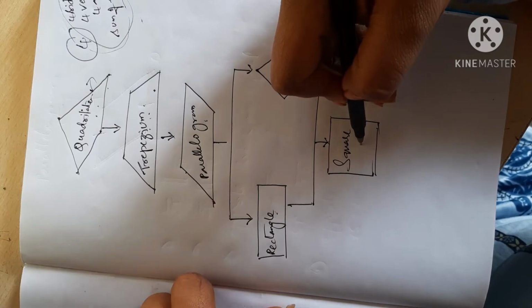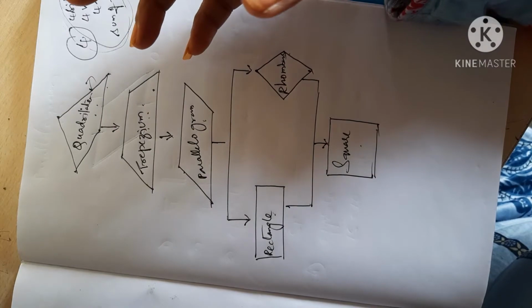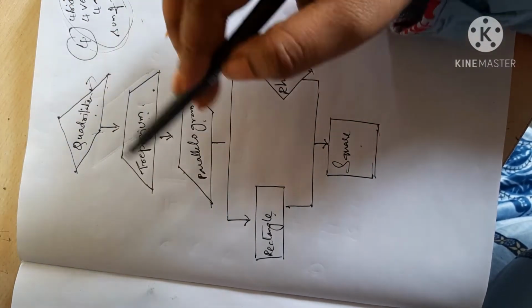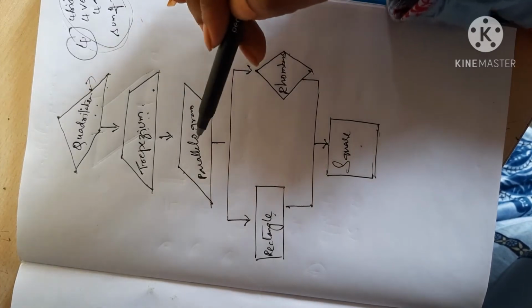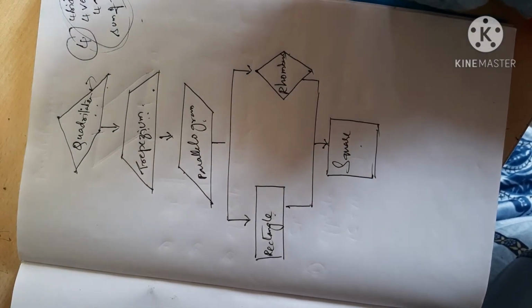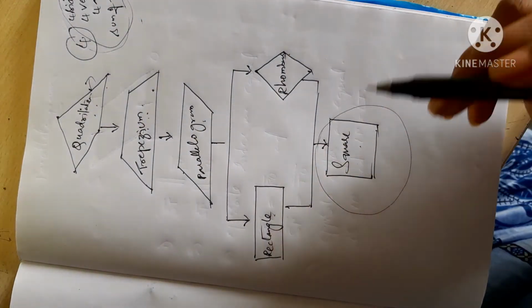Actually what are those changes which we are going to do so that these quadrilaterals become types like trapezium, parallelogram, rectangle, rhombus, square, that we will discuss later. Now, this square is there.